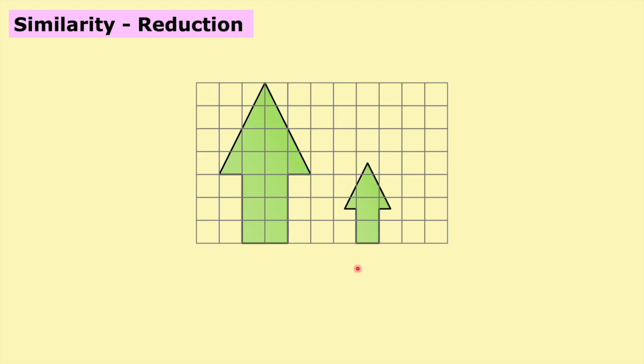So a reduction, here we have this larger shape, so we've got an arrow here and it's been reduced to the smaller shape. Again, these angles are all the same and the bottom right angles are the same, meaning because they all have the same angles that this is a similar shape. And let's look at the scale factor. So our larger shape, we're 2 boxes along, and it's been reduced down to only 1 box, which is half the size.